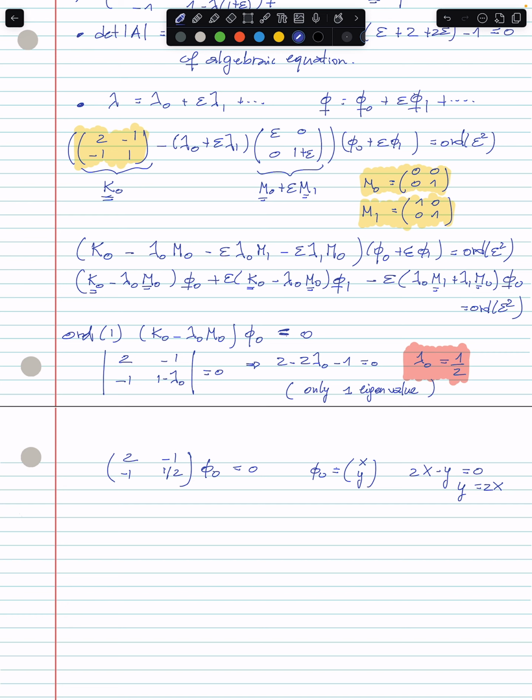And so one possible choice, if you want to make things normalized, is to choose phi 0 equal to 1/2 and 1. It's just a way to pick the eigenmode. In principle, it is multiplied by a constant, which I choose equal to 1 here for normalizing purposes.